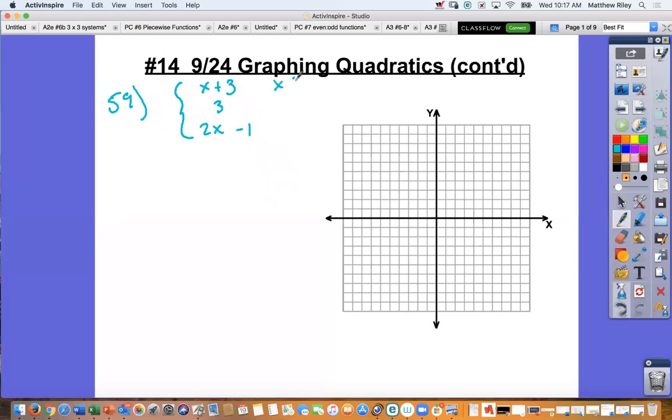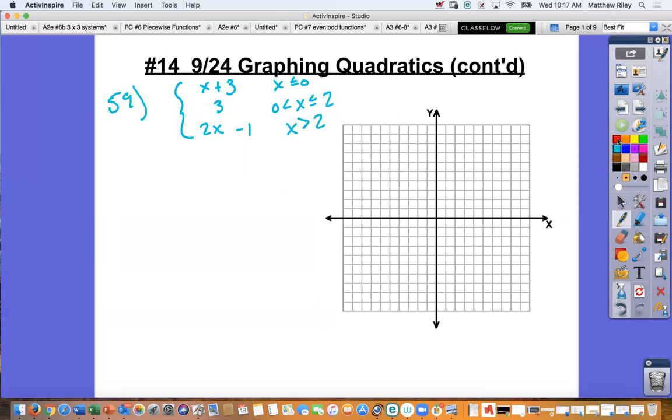So if x is less than or equal to 0, between 0 and 2, and then the last one is when x is greater than 2.